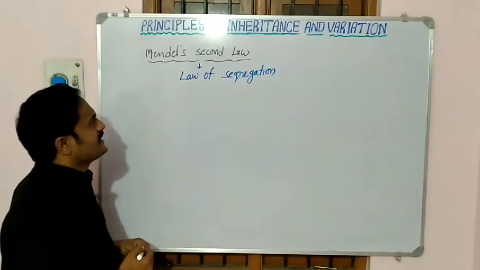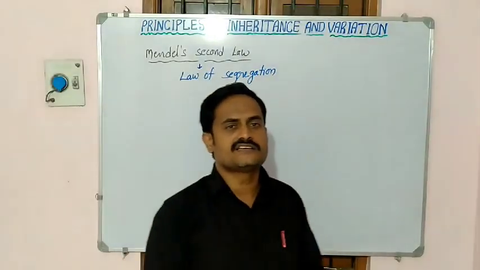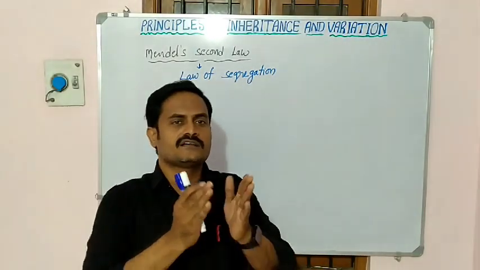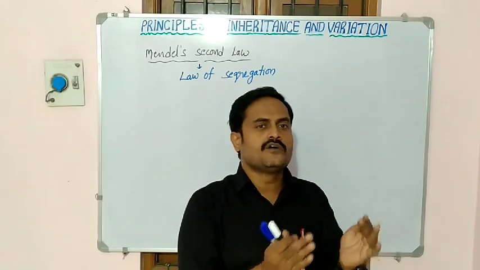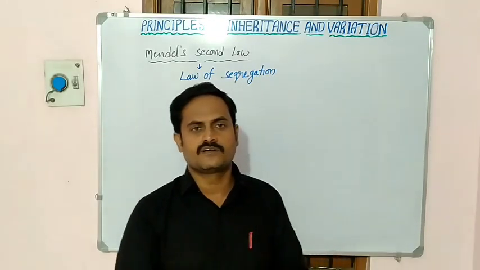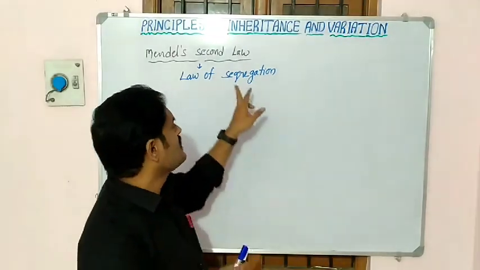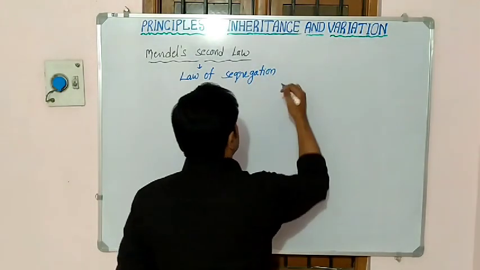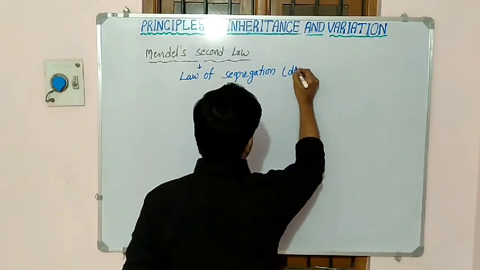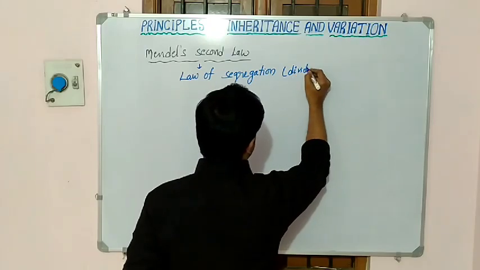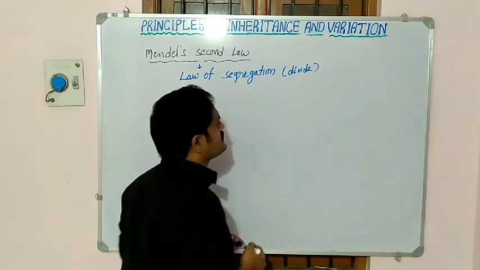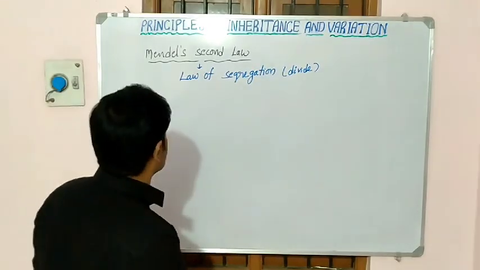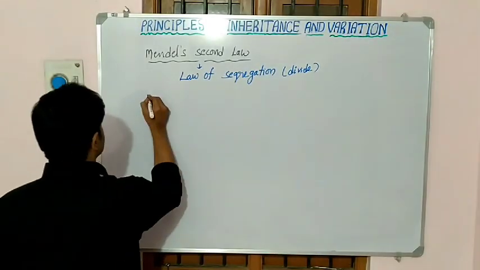What is the meaning of segregation? Segregation means divide. So the alleles are divided to form new gametes. That is called segregation. Segregation means dividing or divide. I will give one example for this law of segregation.